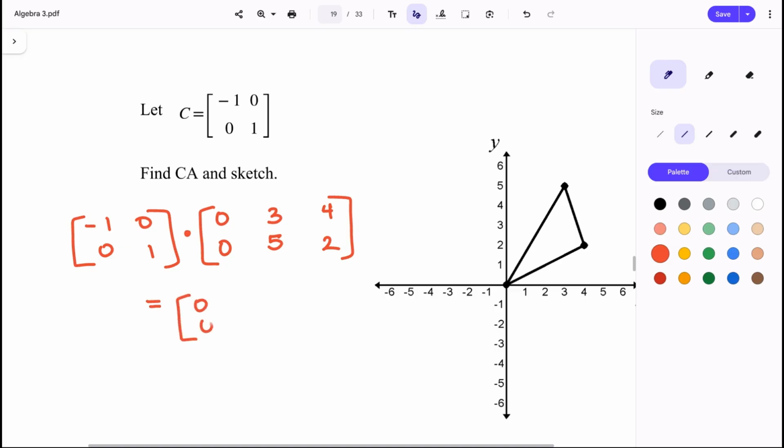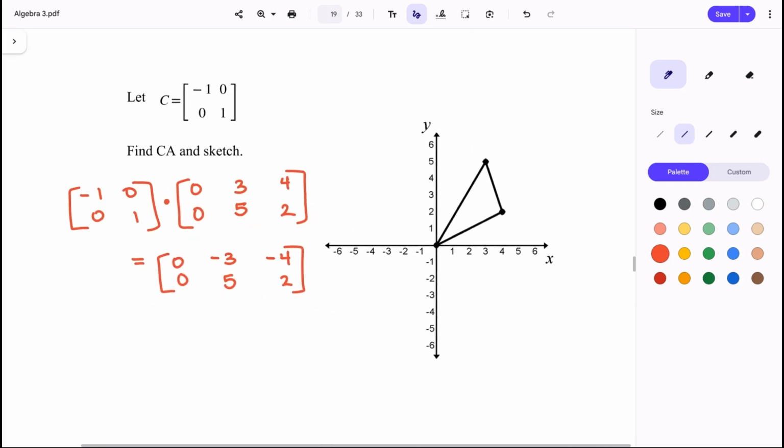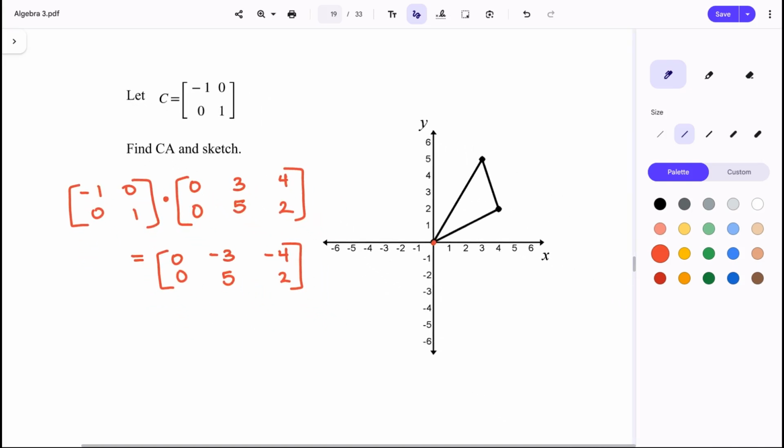But this would be 0, 0, -3, 5, -4, 2. And then I'm going to graph this. This one is going to do a reflection over the y-axis because they changed those signs of my numbers.